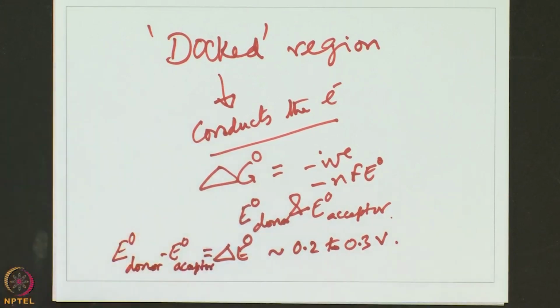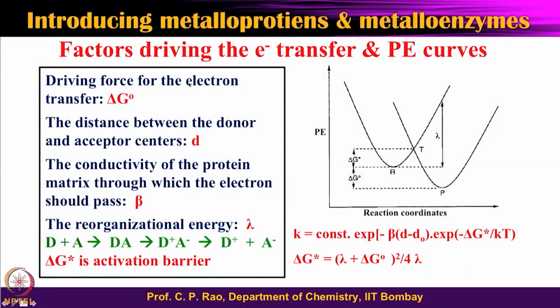I hope you understand that. So, in turn it depends on the redox potential of the donor, the redox potential of the acceptor, of course their difference, how far the donor and acceptor centers are, what the medium is, whether the medium is good conducting or not, and what the energy required for reorientation is.